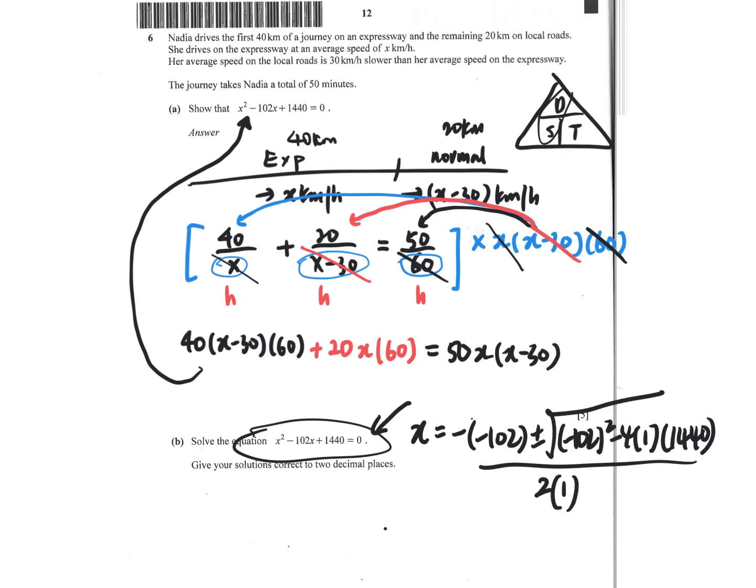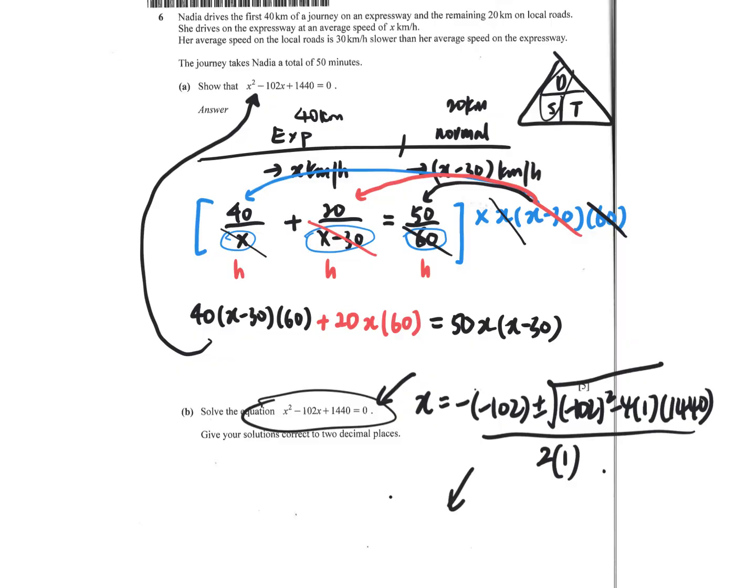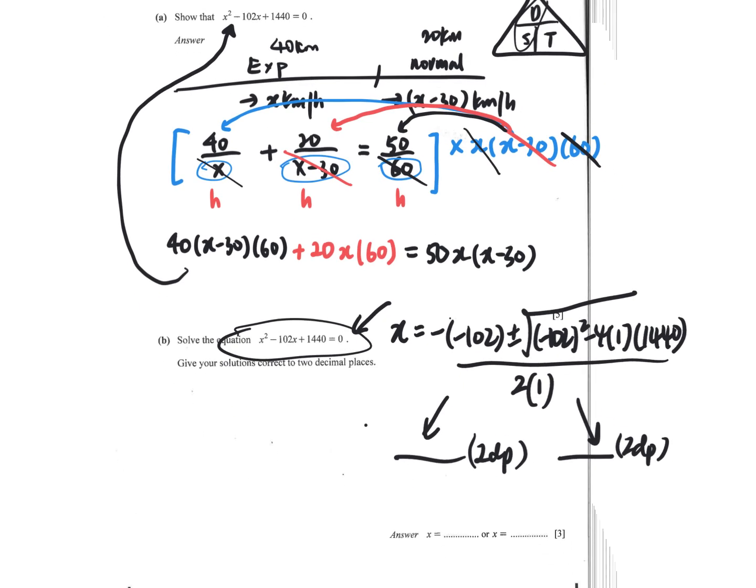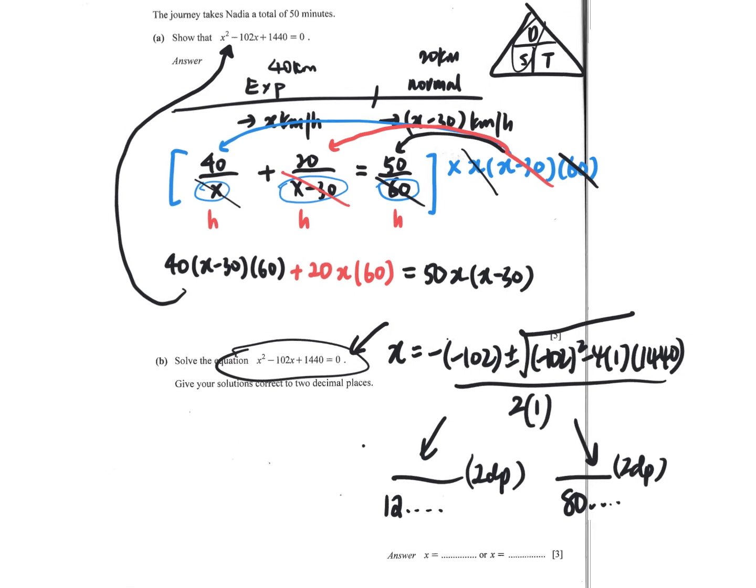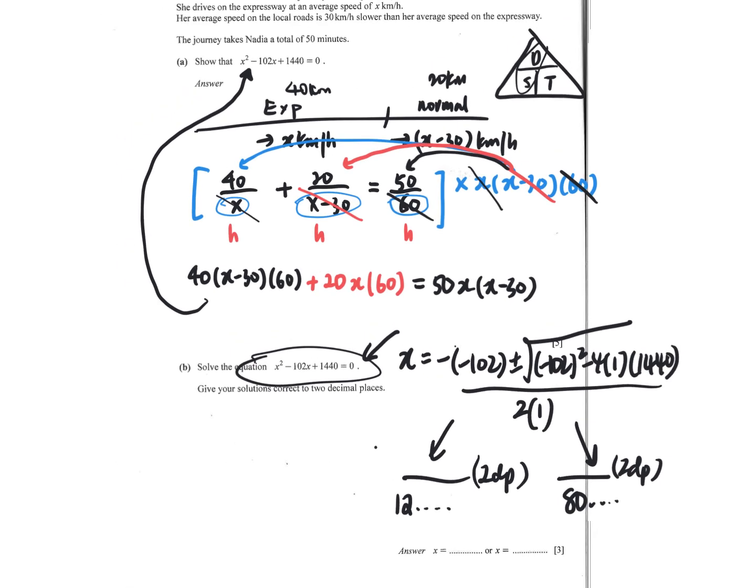Okay, so with this one you will get 2 different answers. Both answers to 2DP. Don't reject any because they just ask you to solve. Then the next part asks you which answer is a better answer. If I'm not wrong, you got one answer being 12 point something, another answer 80 point something. Yes. Oh, I never bring it here. Okay, later I bring during trial. So here, 12 something, 80 something, they ask you to reject one.